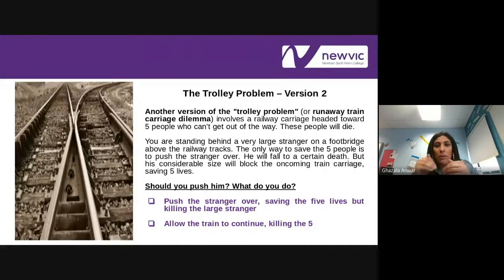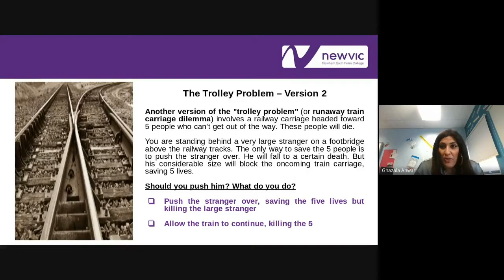So, trolley problem version number 2: on your bit of paper, guys, write down your responses. I'll give you a minute to do that. It's a tricky one, isn't it, guys?